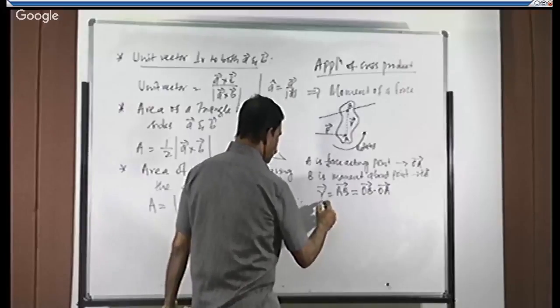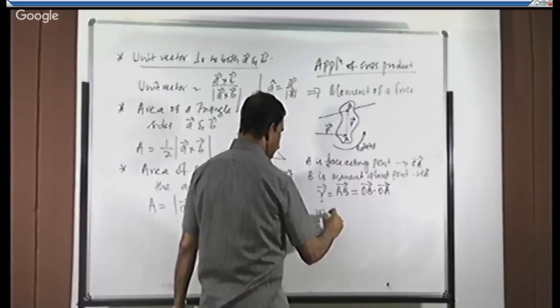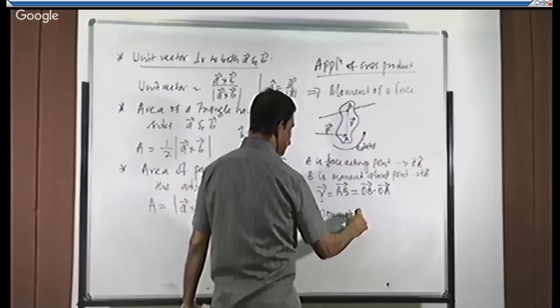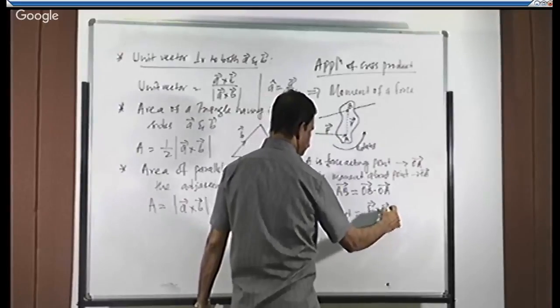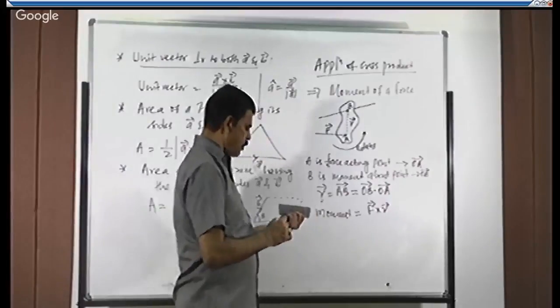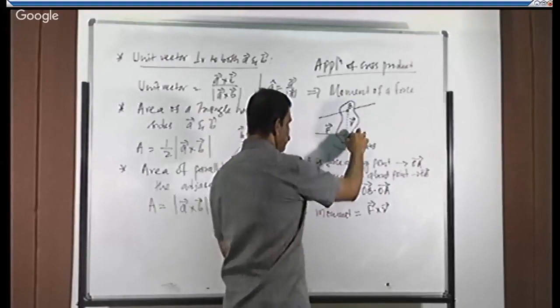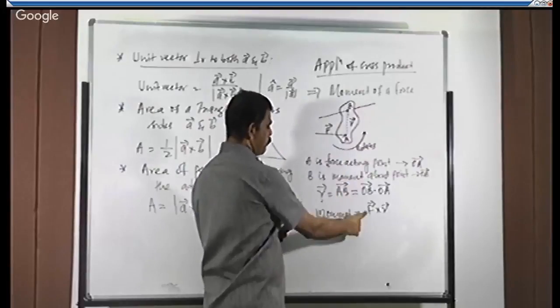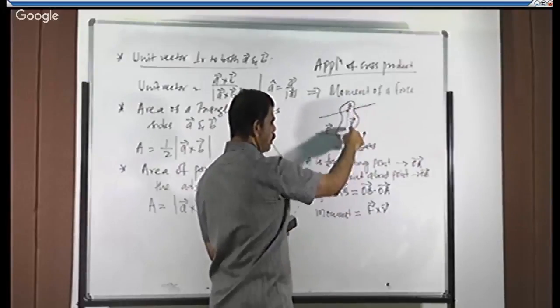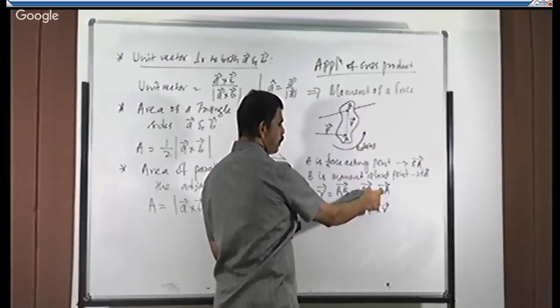So I got R. Therefore, moment is equal to F cross R. What is R? It is AB. Suppose I take R as BA, then this will become OA minus OB.